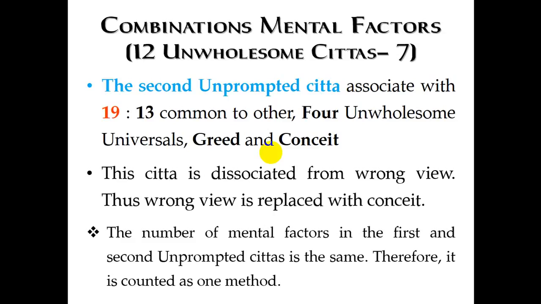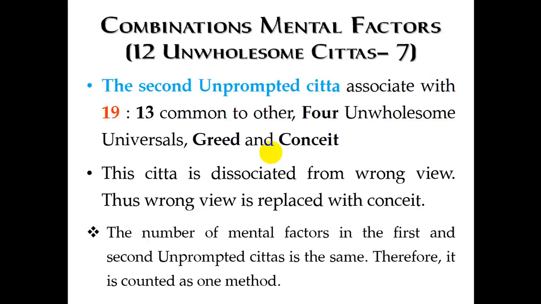The number of middle factors in the first and second unprompted cittas is the same, 90, so it is counted as one method. We can also count 2 methods. Why not? You can create your own method.